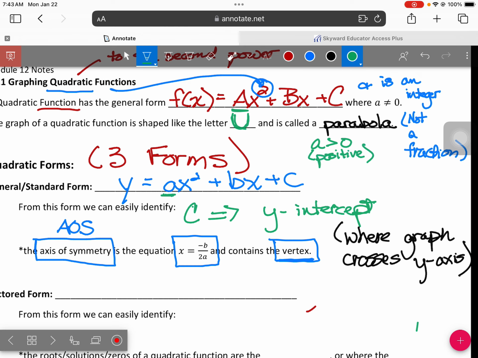So if a is 5, 2, 1, anything like that, it's going to be a U-shaped graph, and it's going to go up.